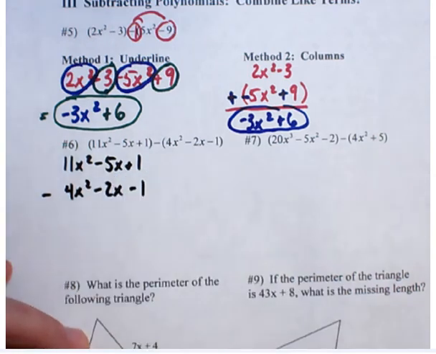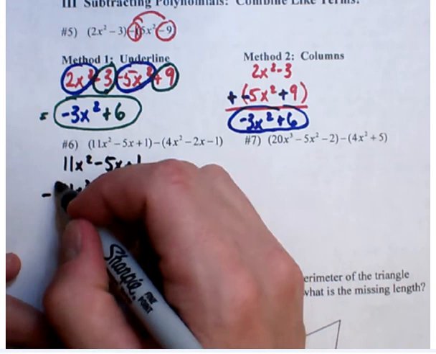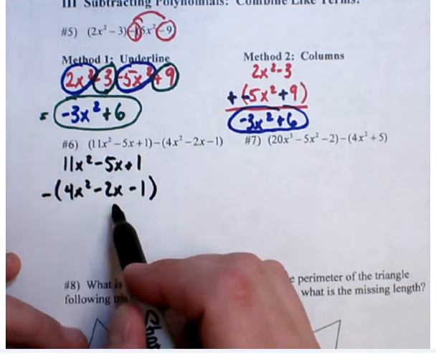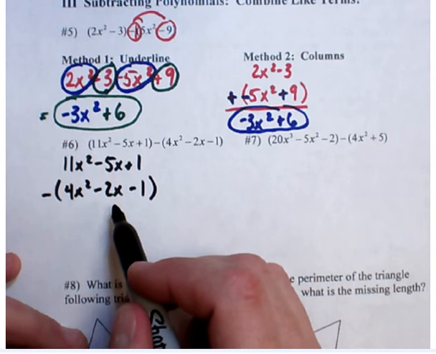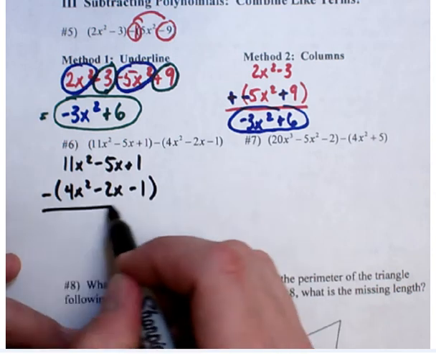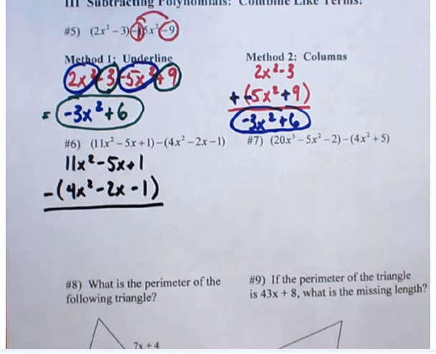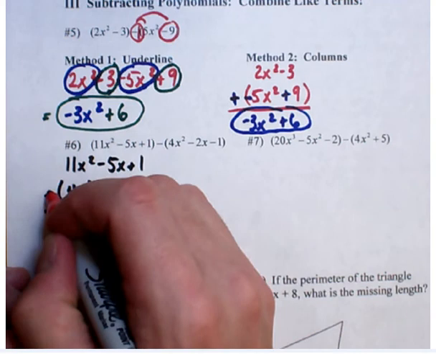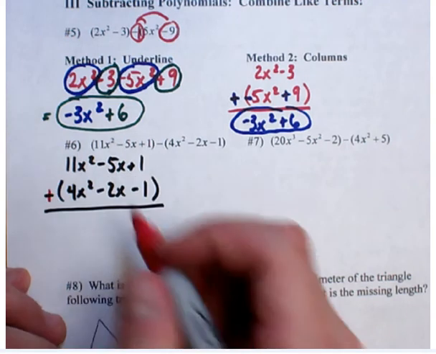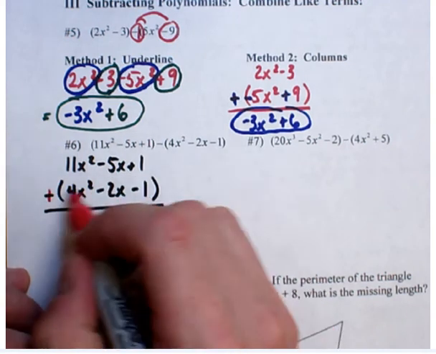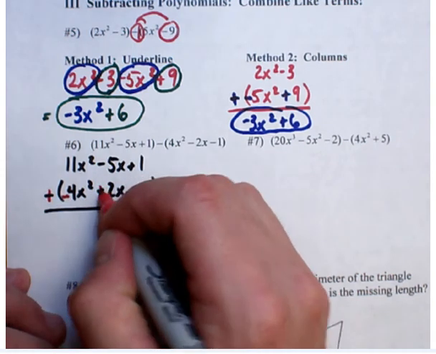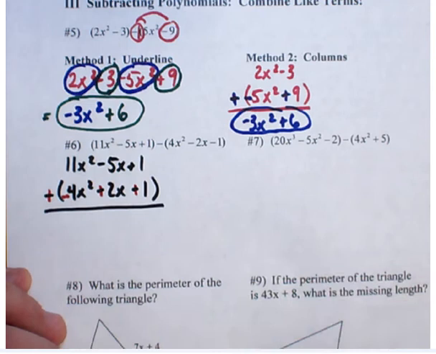The other thing you have to be real careful about when you do this, make sure you copy the problem correctly, including the pluses and the minuses. All right, we're going to subtract. Now, to make this a little bit easier for myself, let me go ahead and distribute the minus sign. So I'm going to change this to a plus, and then I'm going to change all the signs on the inside because I'm going to distribute. So it becomes -4x squared, +2x, and +1.